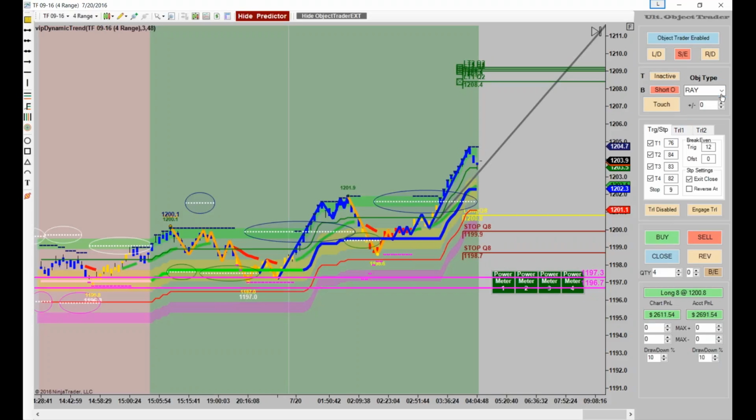Since it went up, I could activate my ray, couldn't I? So I turn on my ray. I say, okay, hit ray. If it shorts below that line with a touch plus, say, 2, that would be that red line right there. If it touches that line, it'll fire 4 contracts off, or I could even do all 8 of them off if I wanted to.